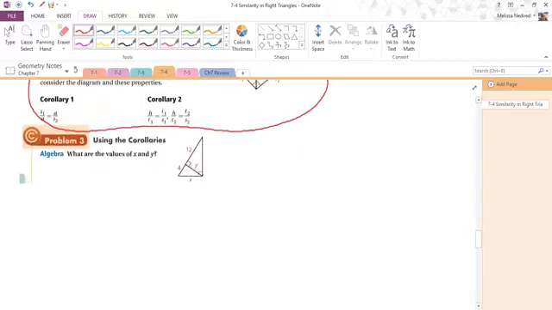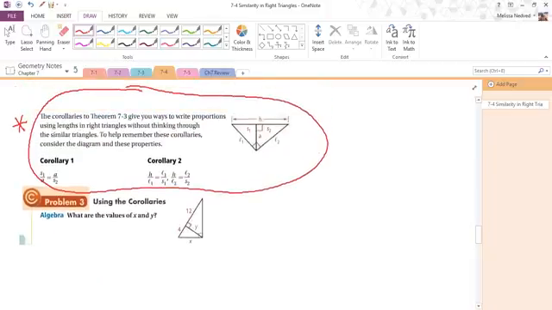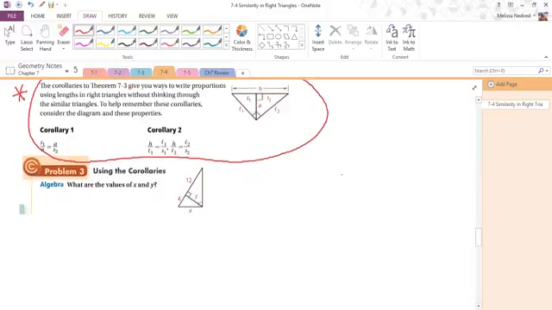We've got a triangle here, and we're asked to find the values of x and y. I'm actually going to find y first, because that uses corollary 1. If we look here, corollary 1 says if you take S1, which is like the leg of one of your triangles, over that altitude, it's equal to the altitude over the leg of the other triangle.